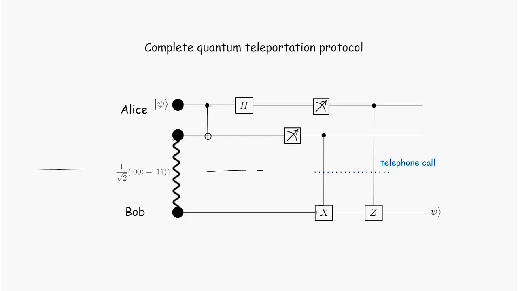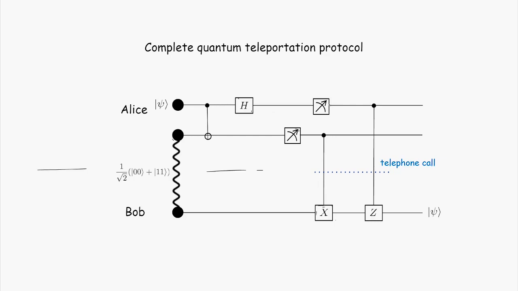Then what happens? Well, then the other thing Alice does is she wants to measure her qubit, the first qubit, in the Hadamard basis, right, in the plus-minus basis. So to do this, another way she can do this is she applies the Hadamard transform to her qubit, and then she measures in the standard basis. Make sure you understand that this is the same thing.